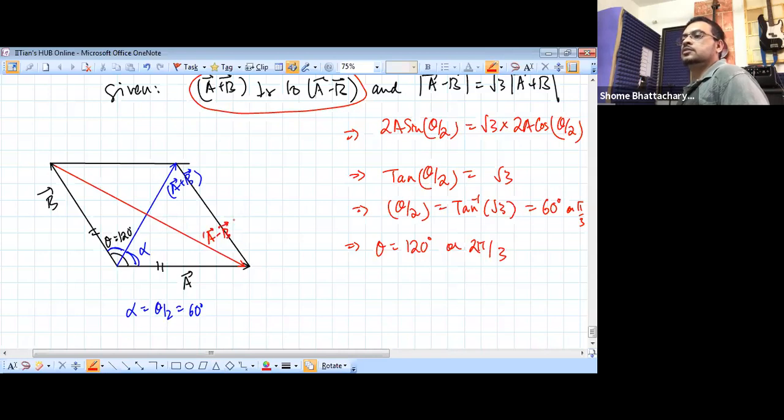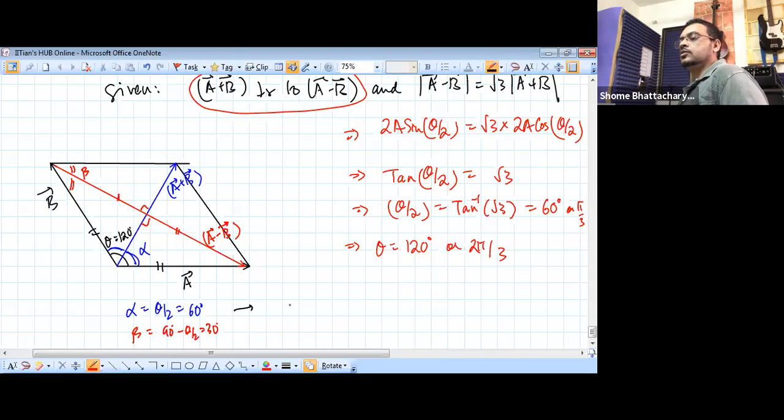This is your A minus B. They bisect each other perpendicularly. So your beta is equal to 90 minus theta by 2, or 30 degrees. So this angle is equal to this angle, which is beta.